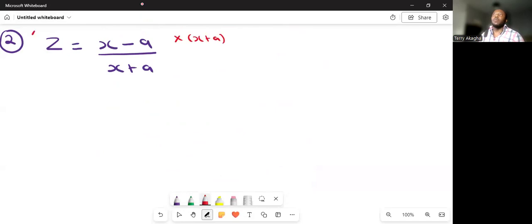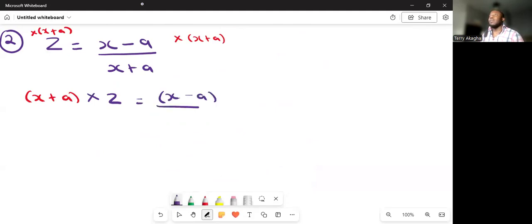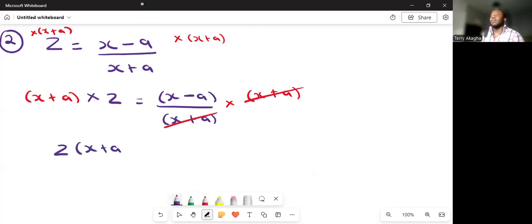Z will be equal to (x minus a) divided by (x plus a), then multiply by x plus a. So this will cancel that. Then we're now going to have z(x plus a) is equal to x minus a.